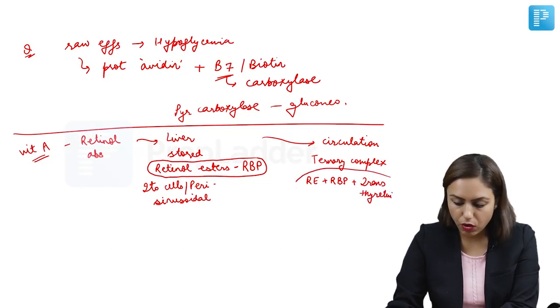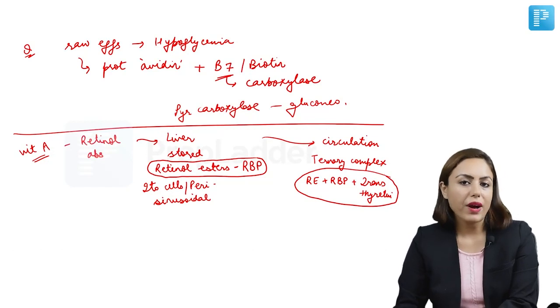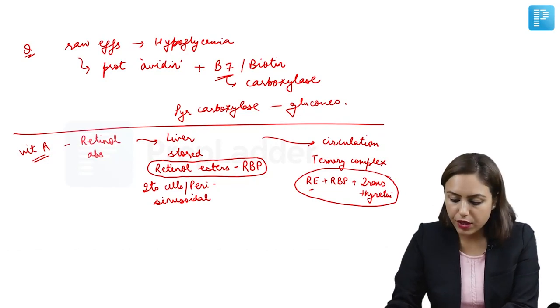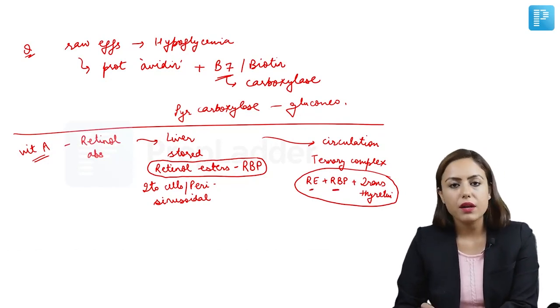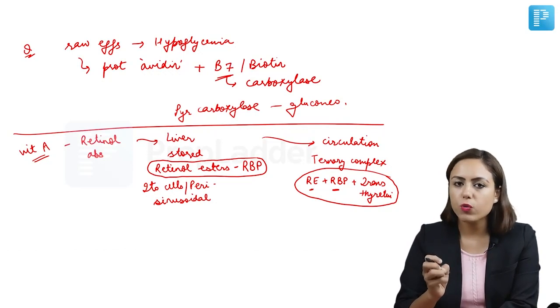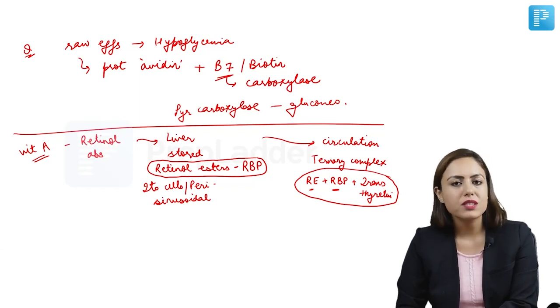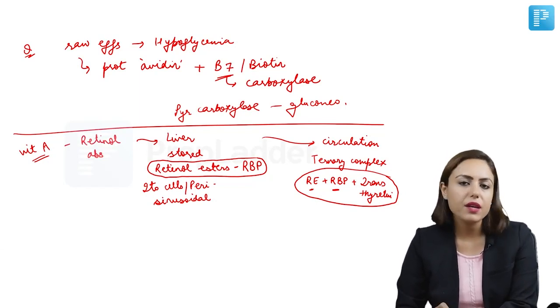There is a complex of these three things. Why is this complex made? So that vitamin A is not lost in urine. If we only have retinol ester and retinol binding protein, then that molecule has low molecular weight. It can be filtered out through the kidneys in urine and will be lost from the body. So transthyretin helps in maintaining it in the body.